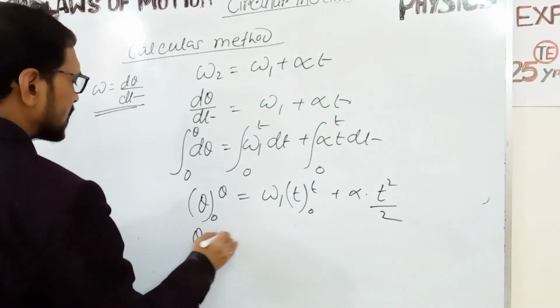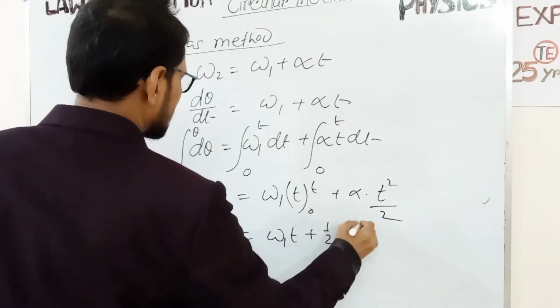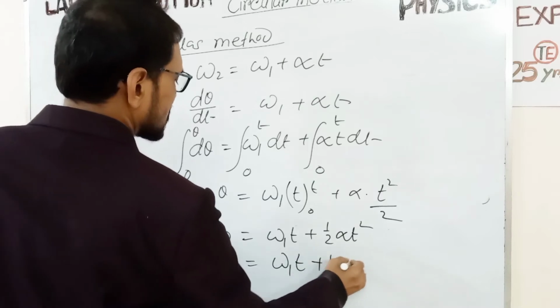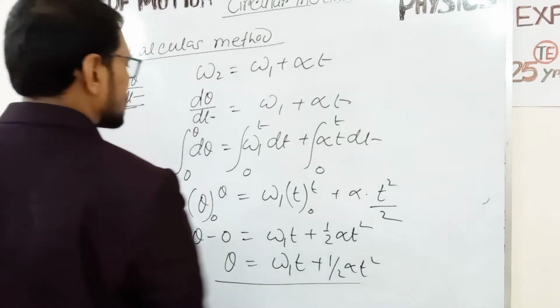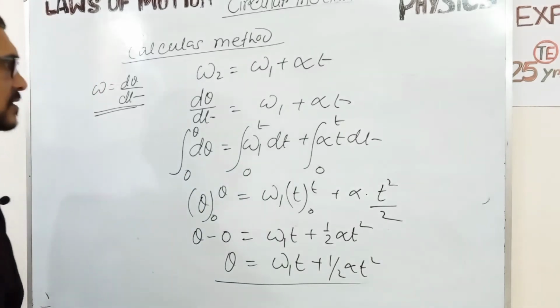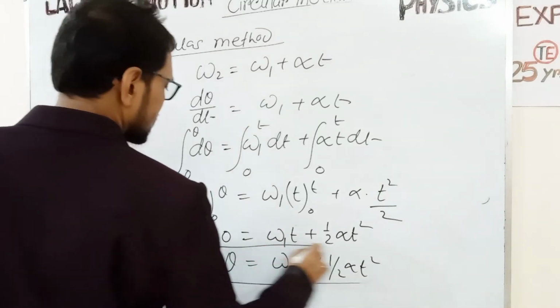So theta minus 0 equals omega 1 t plus half alpha t square. So theta equals this. When t equals 0, theta equals 0. So this is the proof of the second equation.